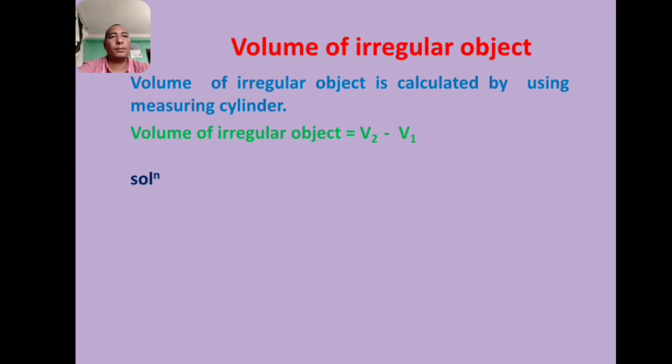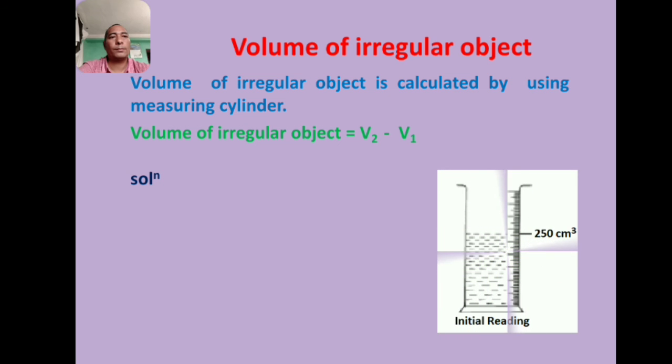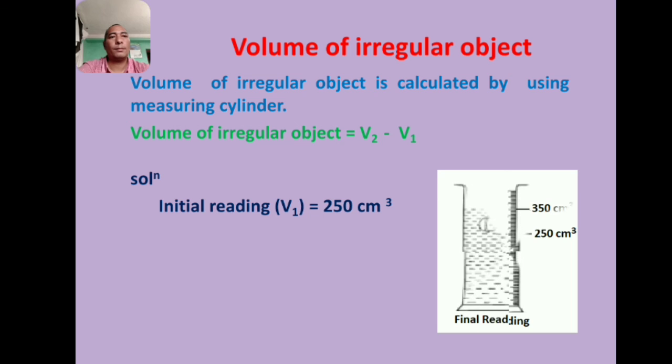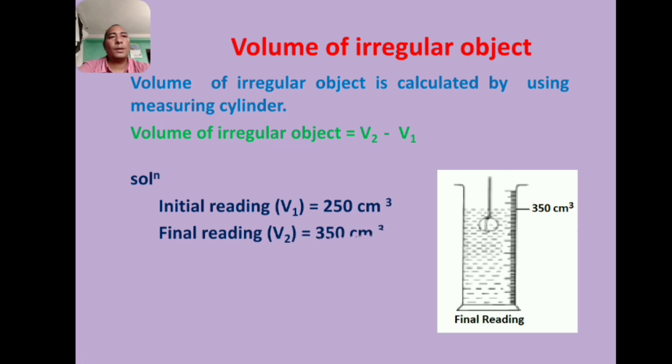Solution. Initial reading V1 equals 250 cubic centimeter. Final reading V2 equals 350 cubic centimeter.